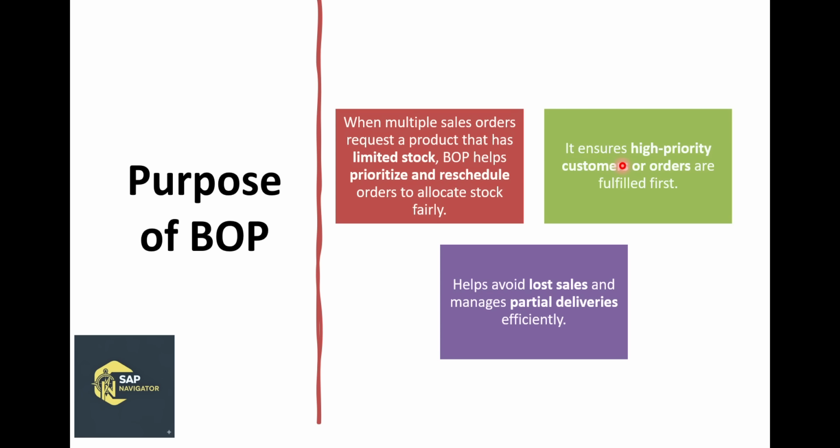It ensures high priority customers or orders are fulfilled first, so it will make sure that high priority orders get the stock. It also helps to avoid lost sales and manage partial deliveries efficiently. For unconfirmed sales orders, it will reschedule and propose a new delivery date. That also happens through delivery scheduling from BOP.